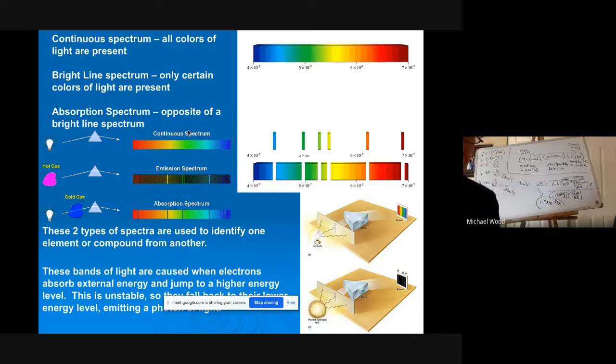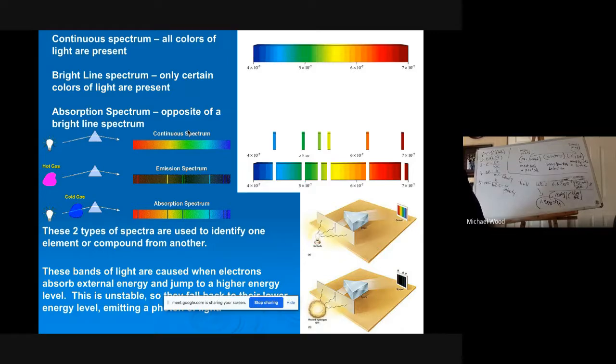And this is how they know, like they know the sun consists of hydrogen and helium. They know what some of the moons of Jupiter consist of, or distant stars. They look at the spectra with very advanced equipment, and they can tell the different wavelengths that are given off, and they can tell you, okay, hydrogen and helium are here.